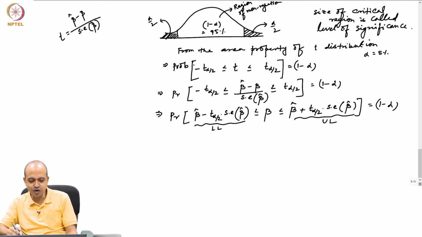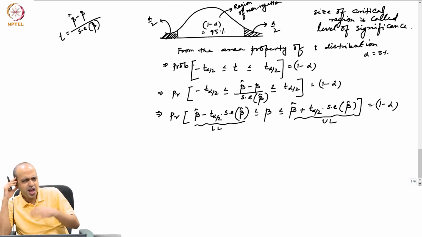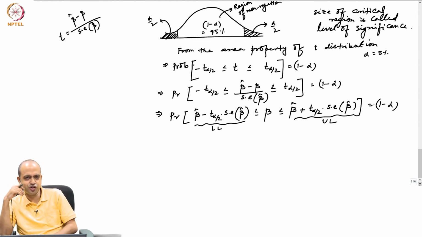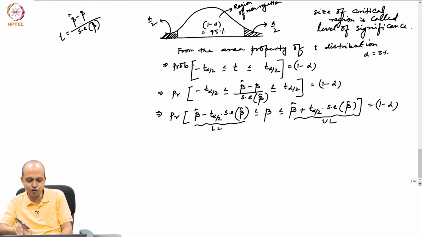Probability that this interval will capture beta is 95%. That may appear as a ready-made interpretation. Since this is a probability statement, there are two intervals here. So, I will say that the probability that this interval will capture the true population parameter beta is 95%.